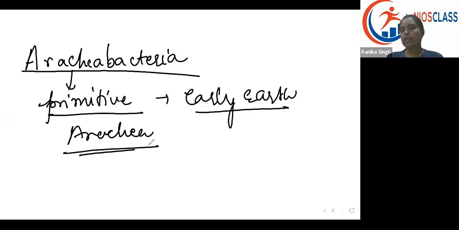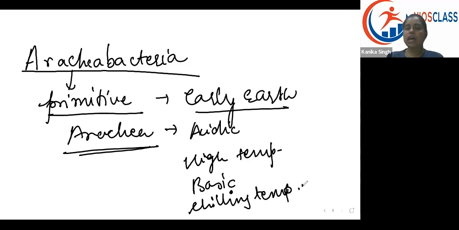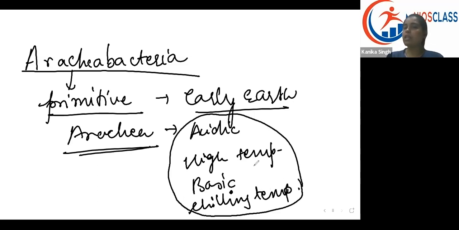Archaea are those bacteria which live in acidic concentration, high temperature, highly basic concentration, and at chilling temperature also. These are the characteristics of archaebacteria, and these are similar to the characteristics of our primitive Earth.